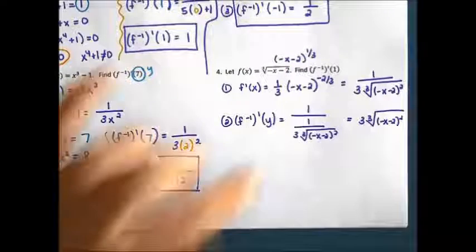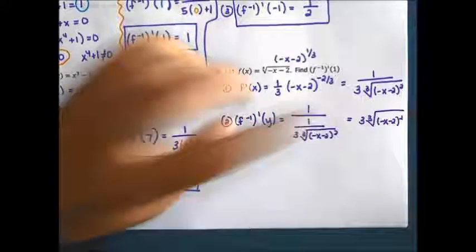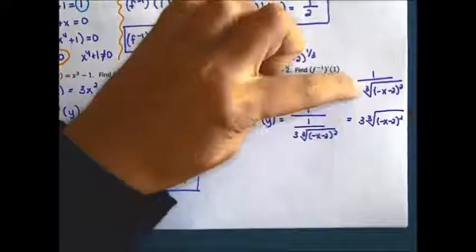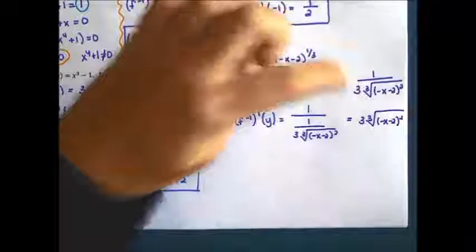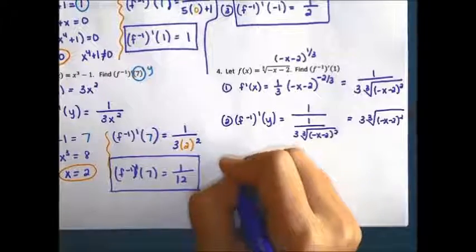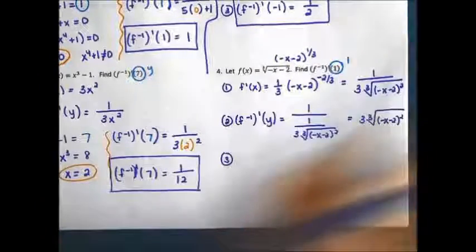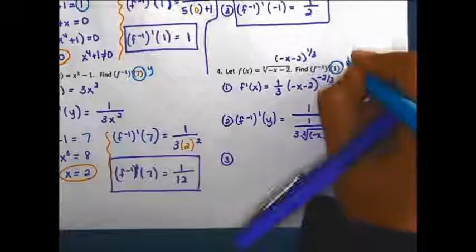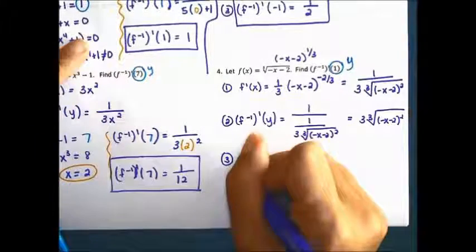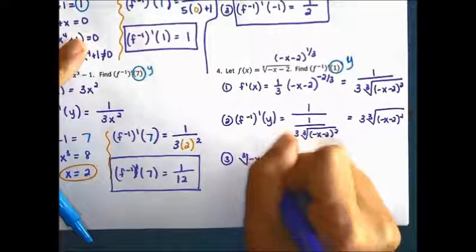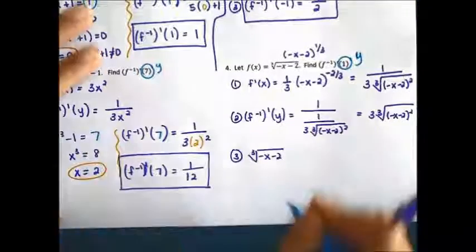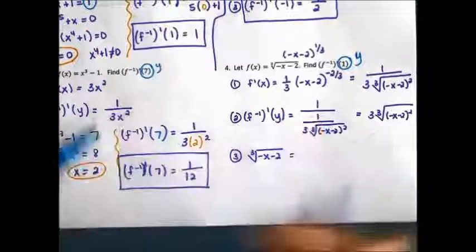Basically, when you do 1 over this stuff, it's just the reciprocal. So we're just taking this and flipping it over. Now we need to calculate. So if this is a y value, let's make our function equal to that y value. The cube root of negative x minus 2 equals 1.